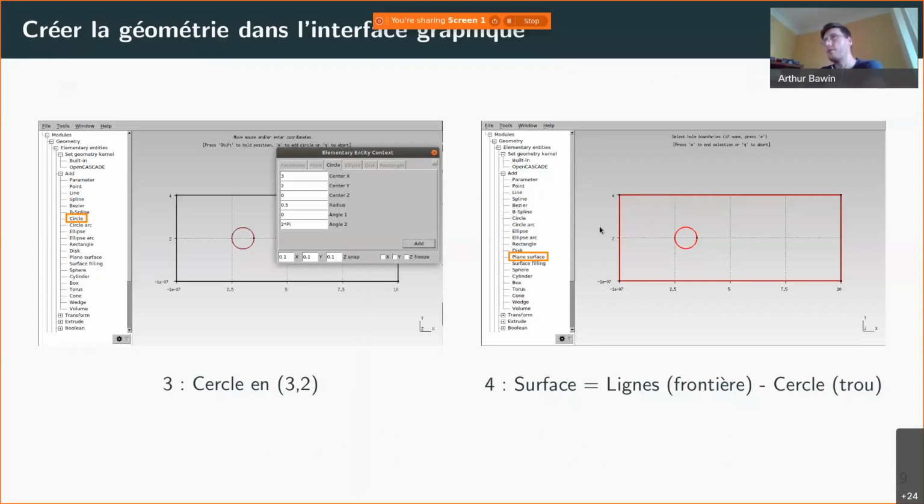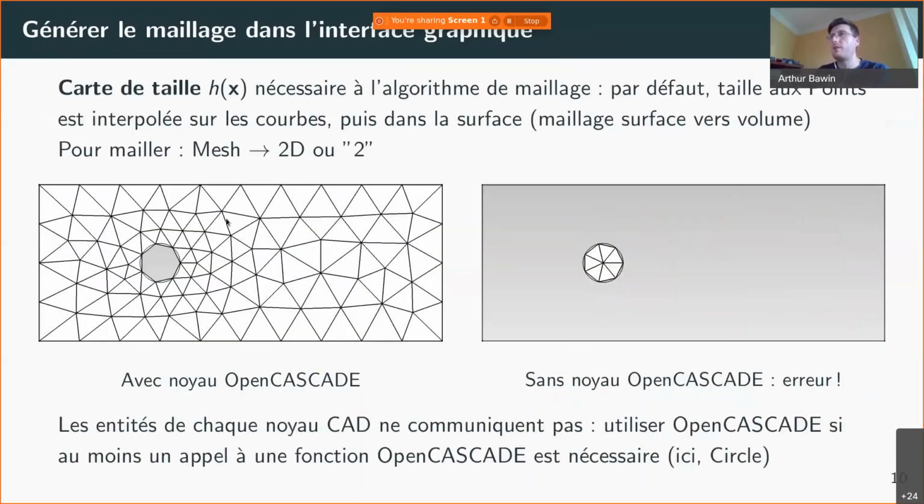So at this point, we could already generate a mesh. As I said before, to generate the mesh, you need to have a size instruction at each point of the geometry so that the mesh algorithm knows what size you'd like to have for your triangles at each point in the domain.